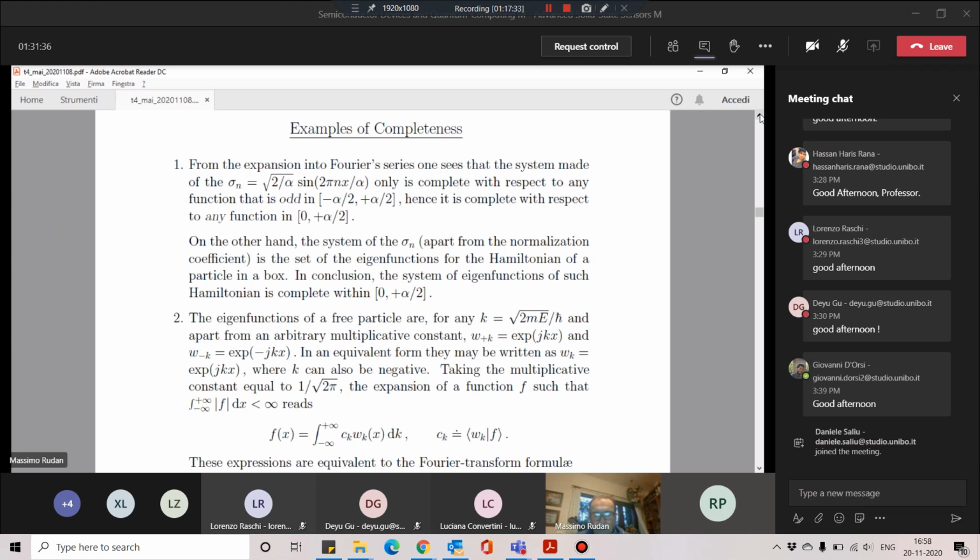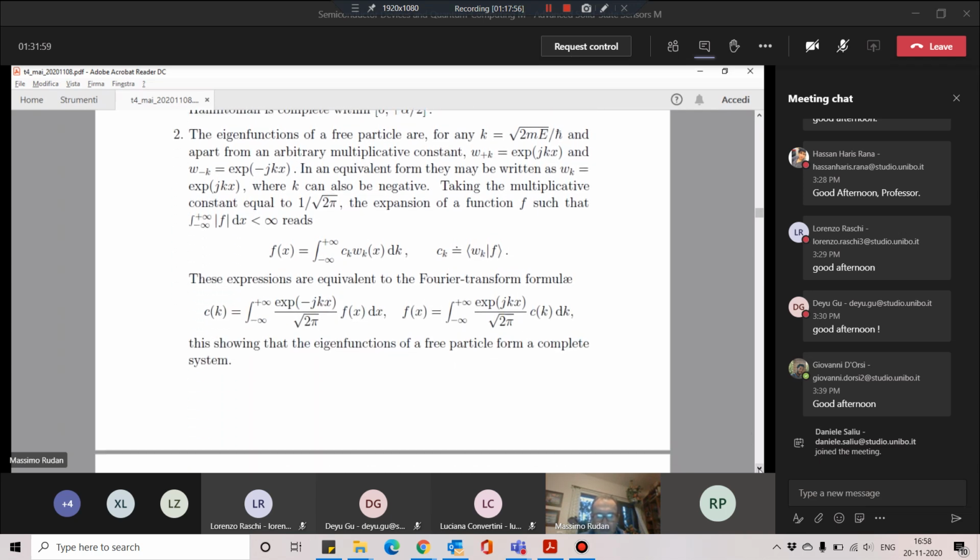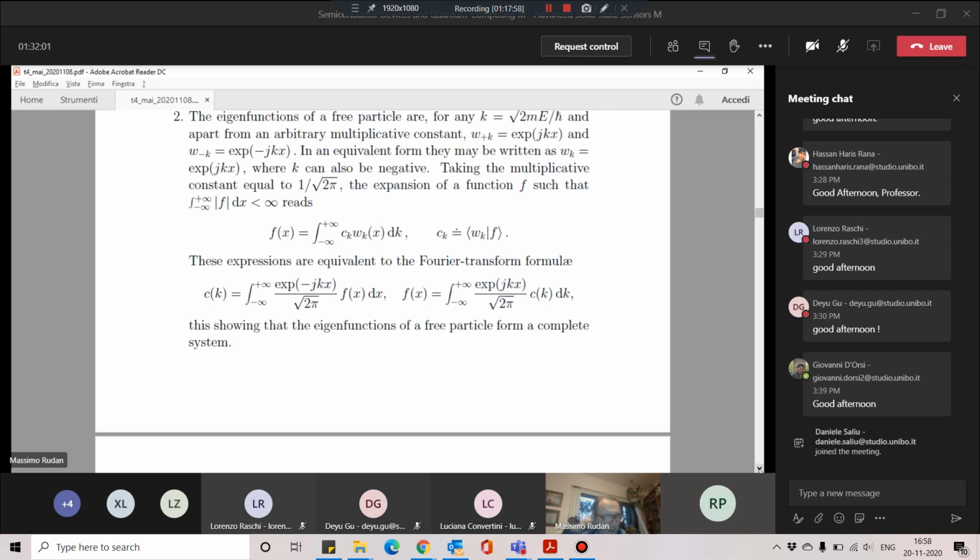Conclusion, exponential of j kx over the square root of 2 pi is just the function that appears in the Fourier transform, or in the inverse transform, actually, because we have a plus. So we are sure that, look at the last line, okay?